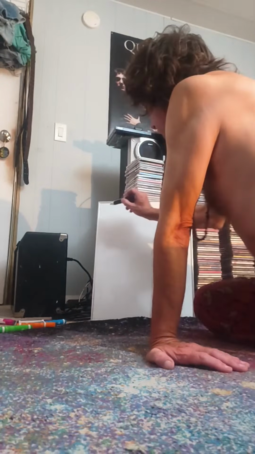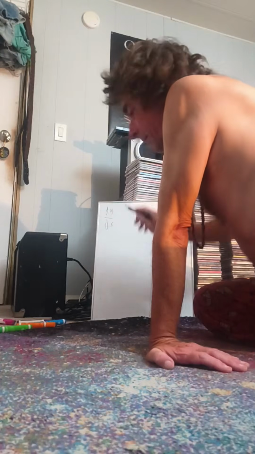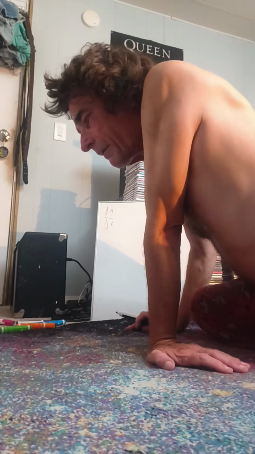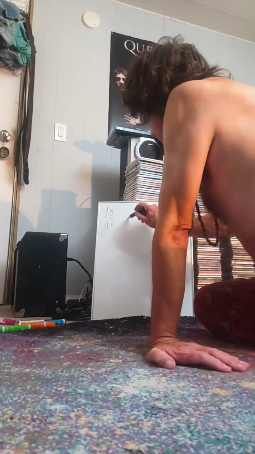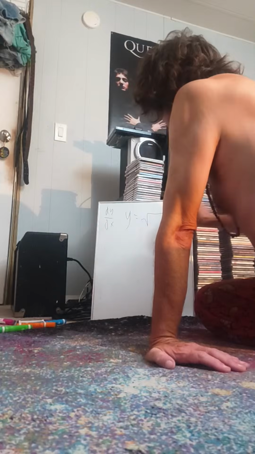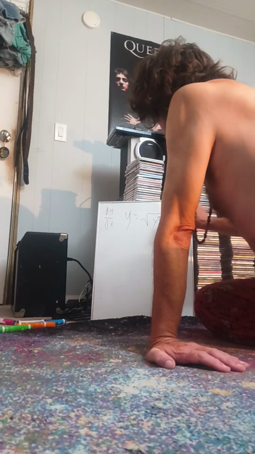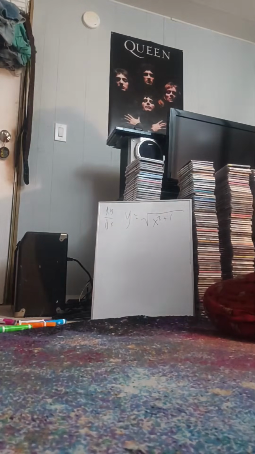We want dy/dx, where y equals the square root of x squared plus 1. Yikes. That's a mess. If you just try to do it directly, you've got all kinds of problems.